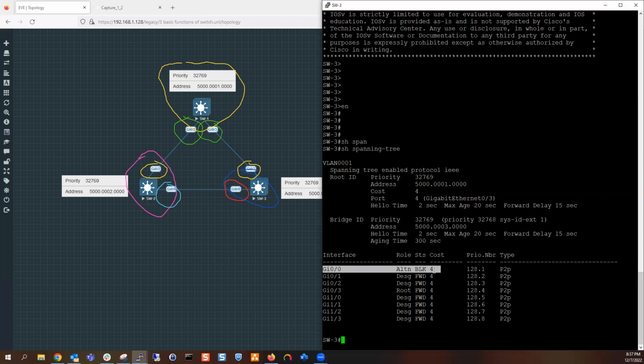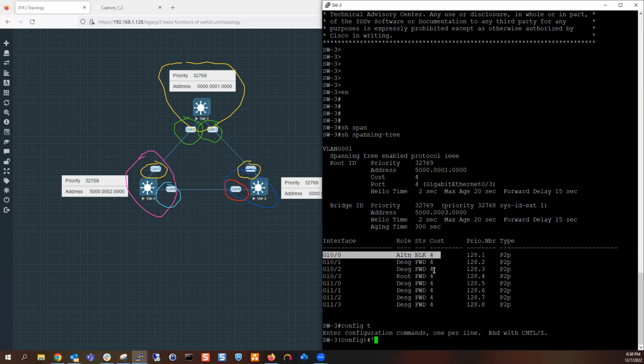Spanning tree says, we're going to do these calculations, set roles and states for different ports so that we don't have a loop. We're going to say which one is blocking, which one is forwarding. If we set a port as an alternate port and the root port goes down, we lose a path to the root, we can go ahead and go through this one.